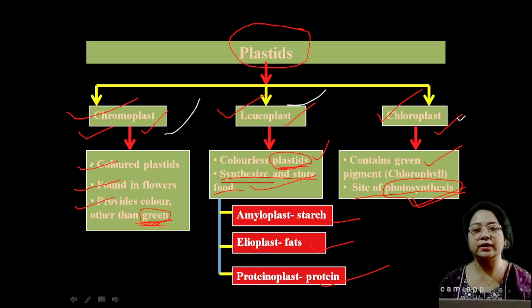Chromoplasts are colored plastids, and they provide colors other than green. Leucoplasts are colorless plastids. Chloroplasts are green colored plastids, and they are the site of photosynthesis. Leucoplasts are divided into three types. One is the amyloplast that synthesizes starch, then the elaioplast that makes fat molecules, and then the proteinoplast that makes protein molecules.